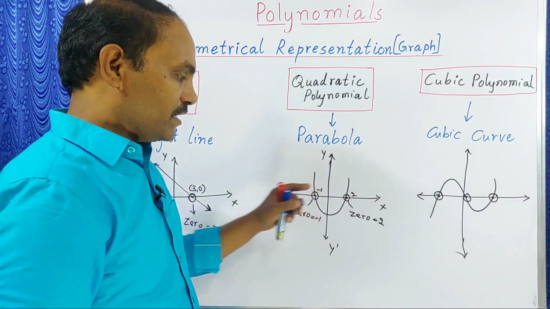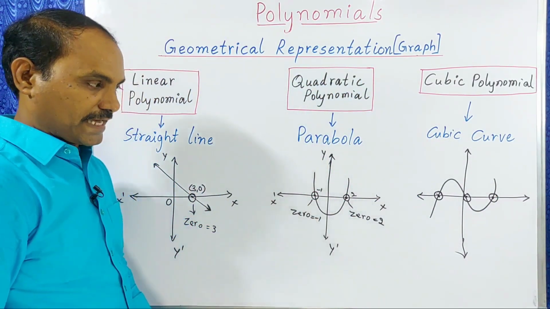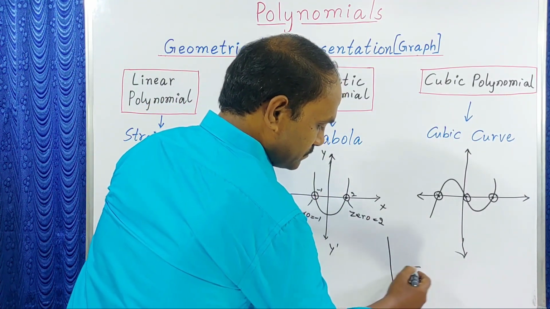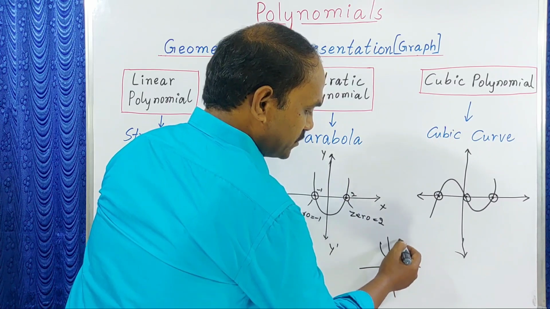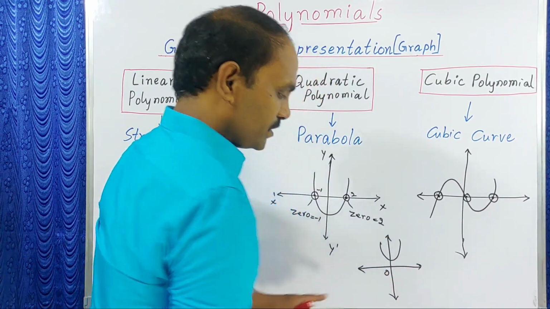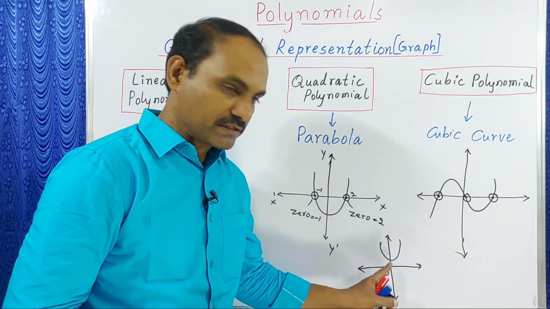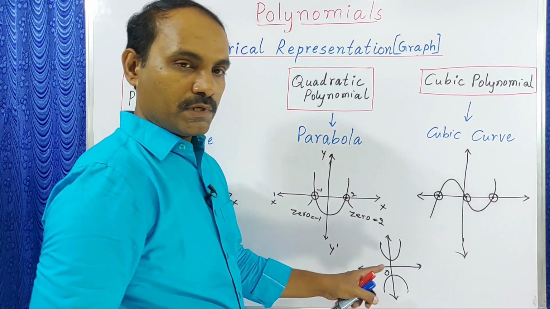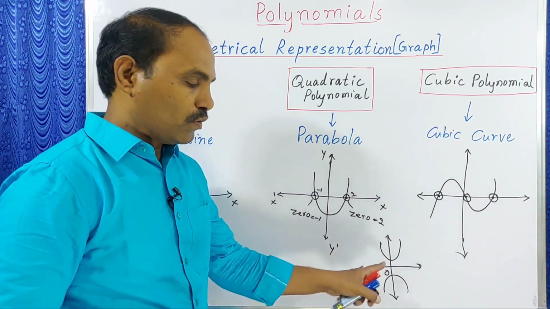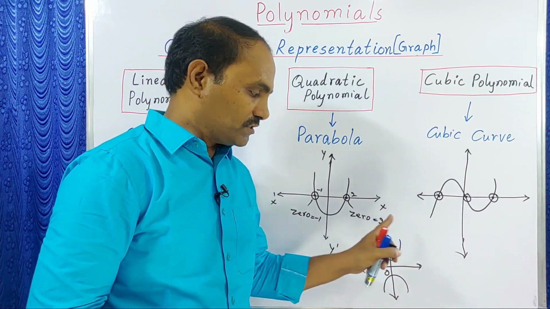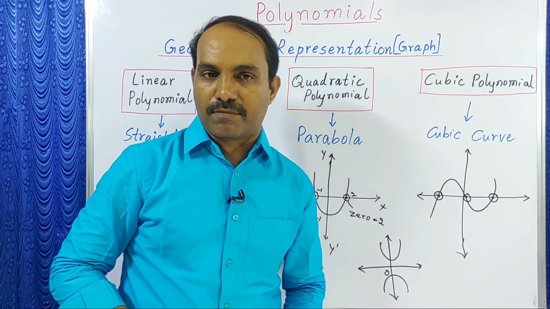What happens if the parabola does not touch the x axis? For example, if the parabola is looking like this, it doesn't touch the x axis here or here. Now in this case, no real roots are there, no real zeros are there, those zeros are imaginary numbers.